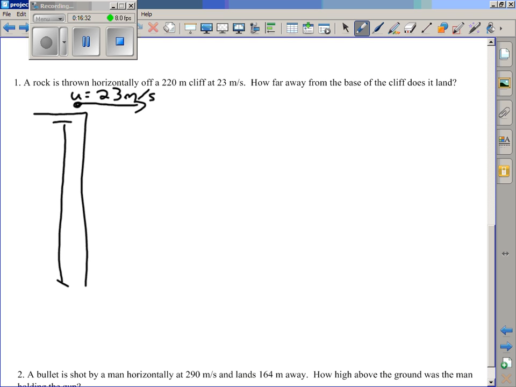Maybe I should drop my S for a second and use Y, the displacement in the y-axis, 220 meters. Now, this ball is going to follow some trajectory like that and land. And my question is, what is x? What does x come out to be?